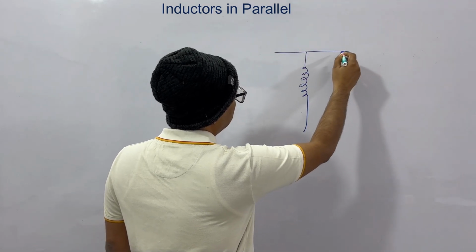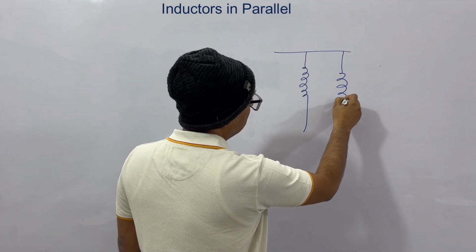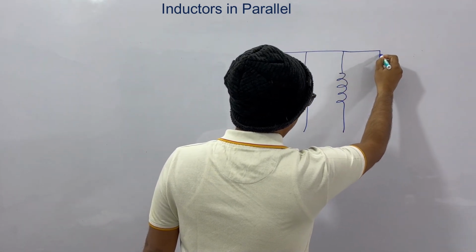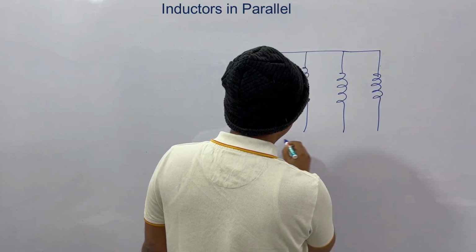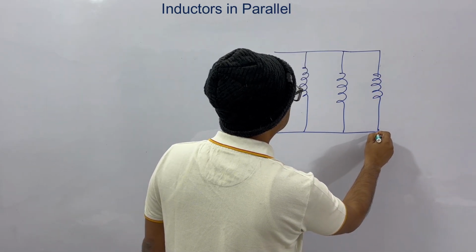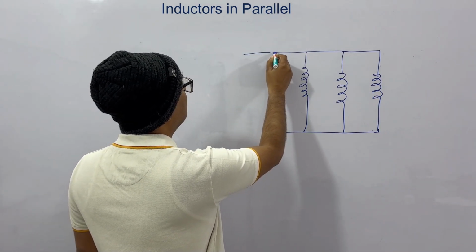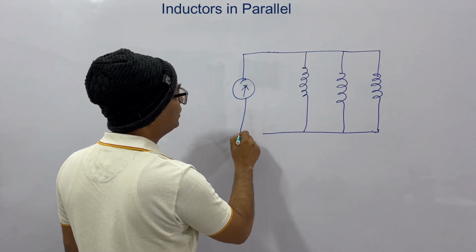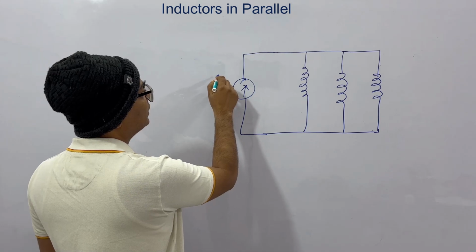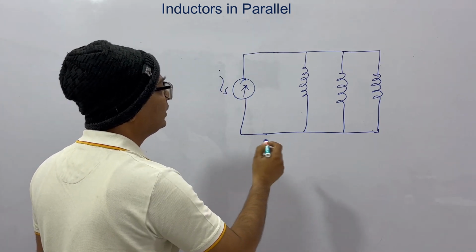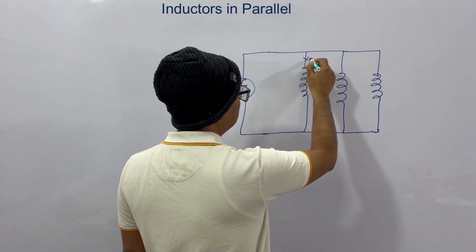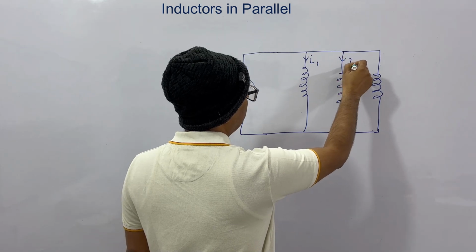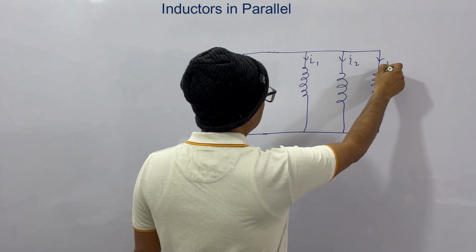This is the first inductor, this is the second inductor. We had taken three inductors there, so we will take three inductors here, and let's say we connected them to a current source. Let this current be Is. So this is I1, this is I2 and this is I3.